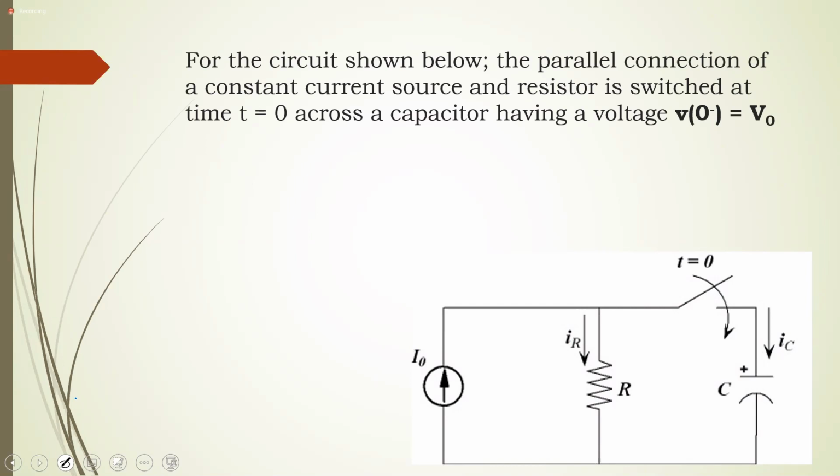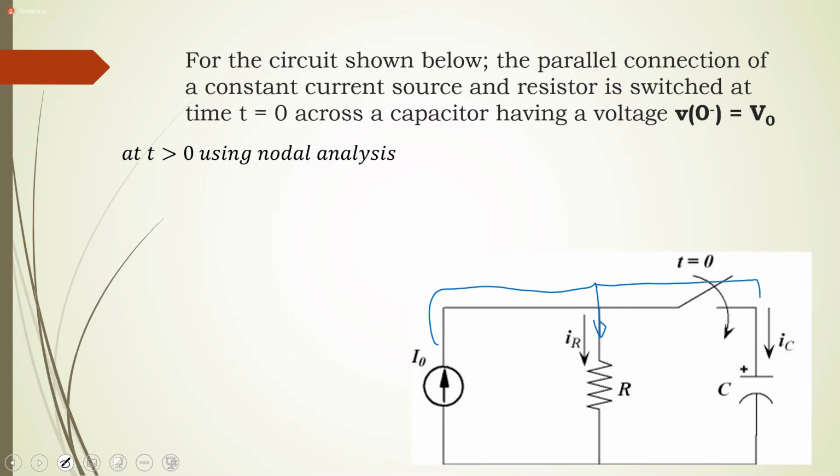And I can use nodal analysis. Don't get frightened. I know that nodal puts people on edge. But all they are saying is that if I use nodal analysis, once I close the switch, we'll have current going there, and we'll have current going there. That's all.